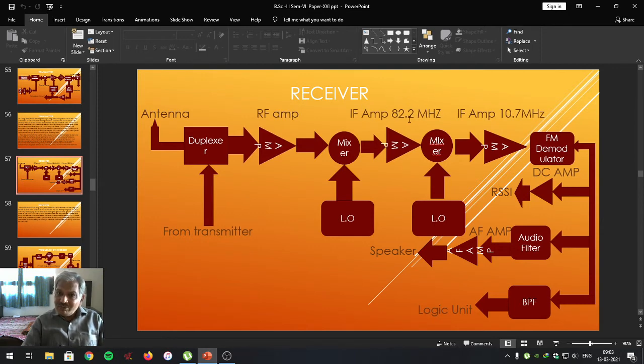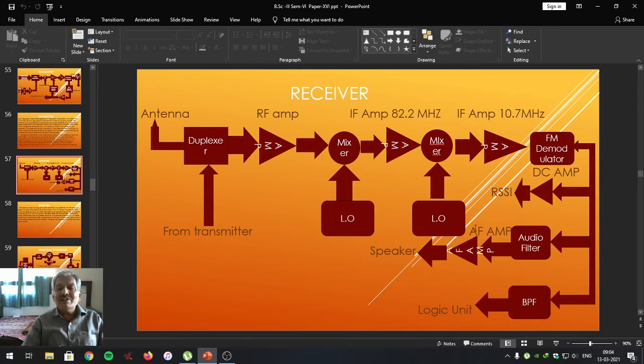This 82.2 megahertz frequency is amplified by the IF amplifier. Again, this IF amplifier is designed to amplify only the signal having the frequency 82.2 megahertz. This IF amplifier output is given again to the mixer oscillator.